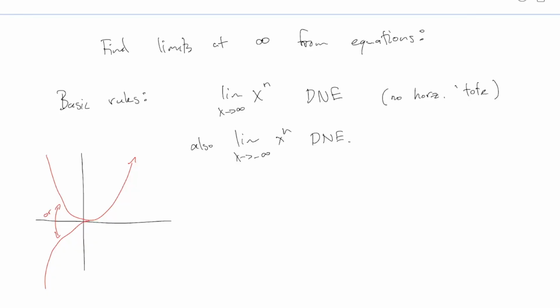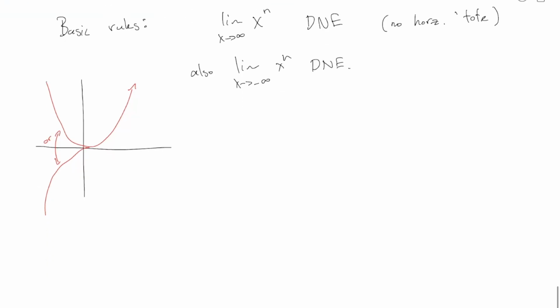The second of my basic rules is what if you had the same thing but it was in a denominator? What if it was limit as x goes to infinity of 1 over x to the n? Now in this case, you have to keep in mind what I just said. We're trying to imagine x is way out to the right, a really, really big number, so what does this look like? This looks like 1 divided by some really, really big number.